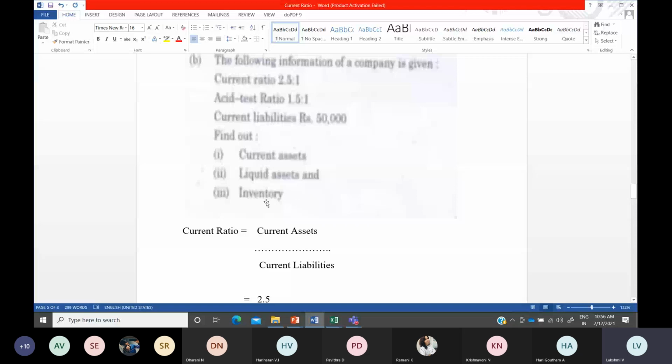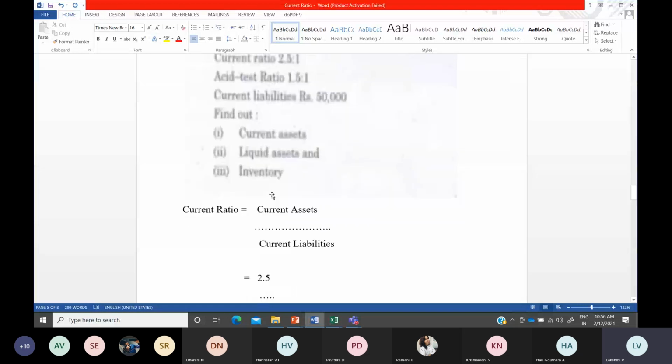In current assets we include all the assets. But in liquid assets, we exclude stock and prepaid expenses and take only the remaining current assets. That is the main difference between liquid assets and current assets. If we take out stock and prepaid, it is liquid assets; if we include everything, it is current assets. That is the difference. So here, the assumption is that there is no prepaid expenses.